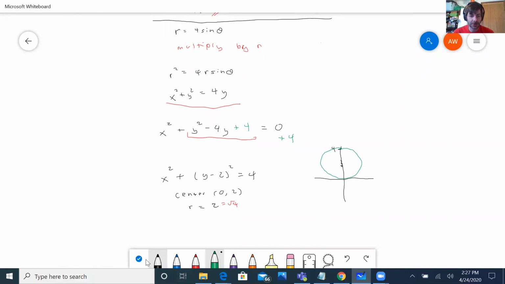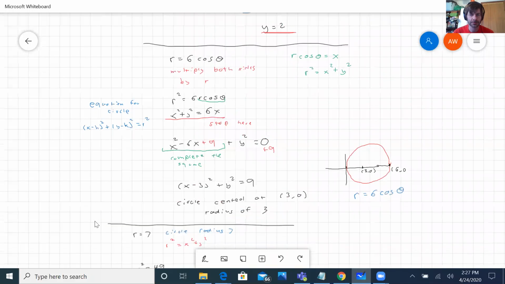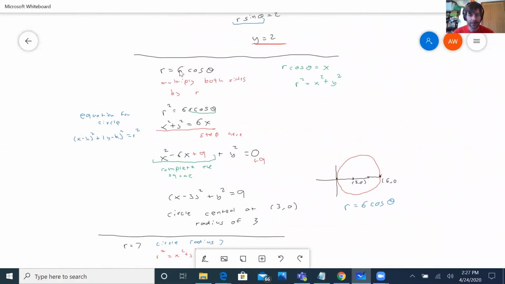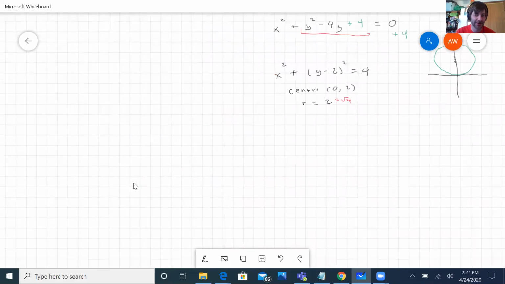And when it was cosine, it went this way, towards the x-axis, in the horizontal direction. x is like cosine, y is like sine, and still it had that distance of 6. Diameter of 6. Again, not that we're worried too much about graphing these things at this point, but just to give you an idea of about where this is going.